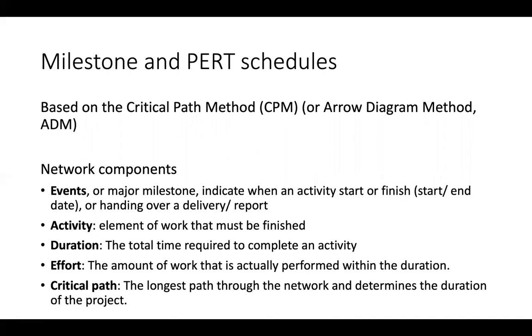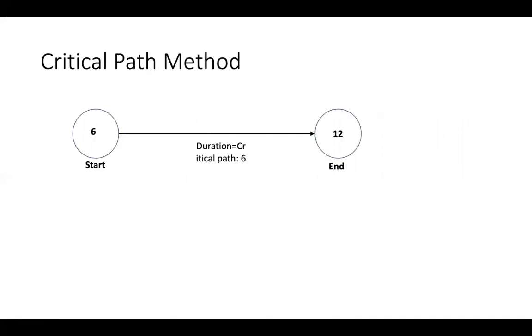Keep that in mind. So let's look at a very simple example of the CPM method. Here we have two events, number 6 and number 12, with a duration of 6 weeks, which in this case will be the critical path.